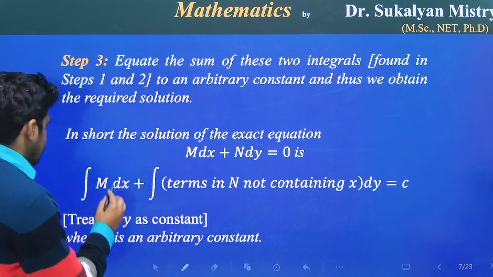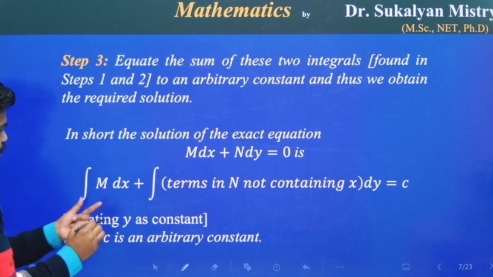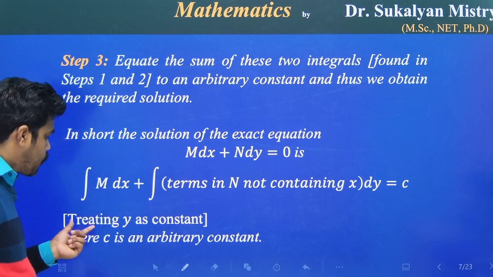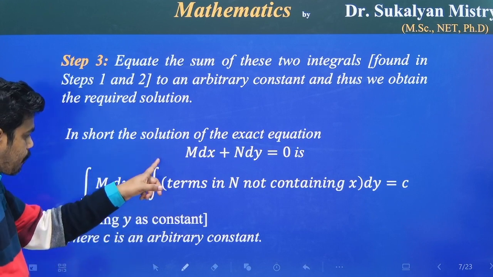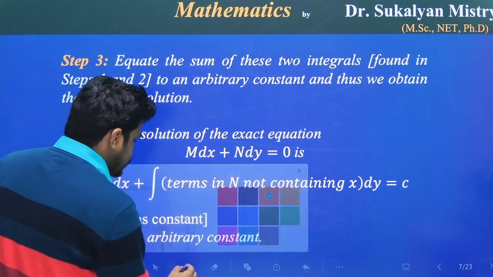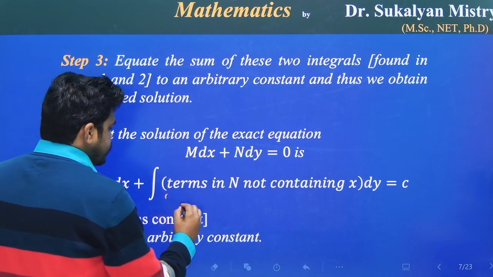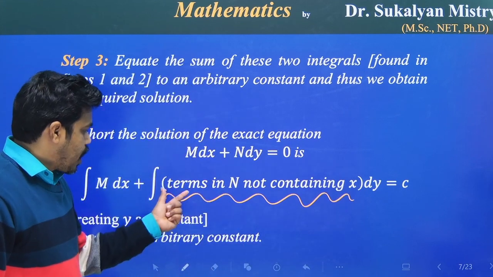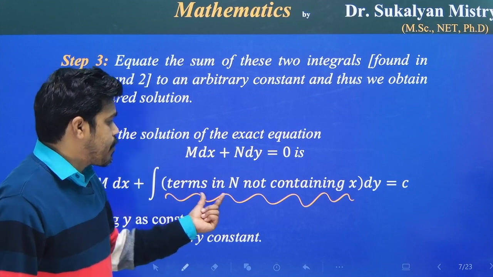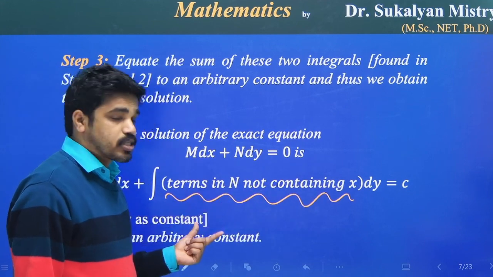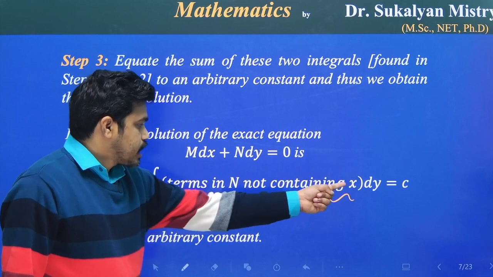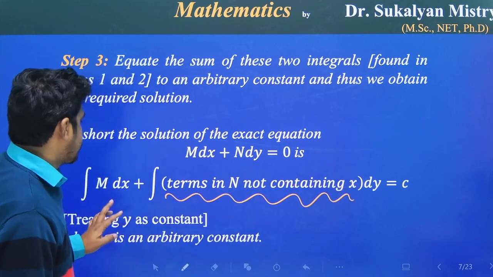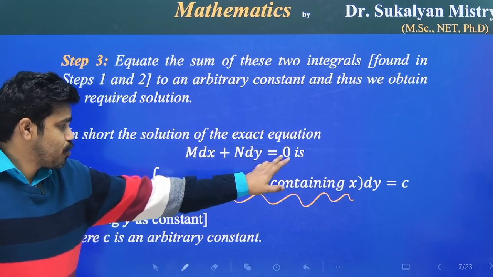Then just note this: integration of M dx treating y as constant, plus integration of terms in N not containing x into dy. Those terms of N in which x is not present, we integrate with respect to y. So note this, M dx plus N dy is equal to 0.